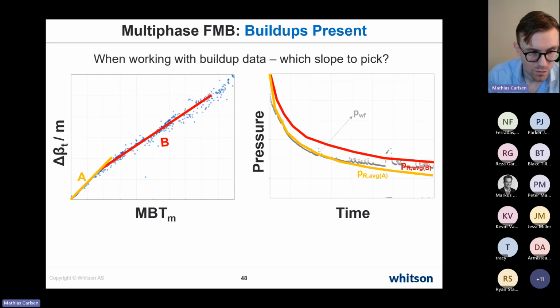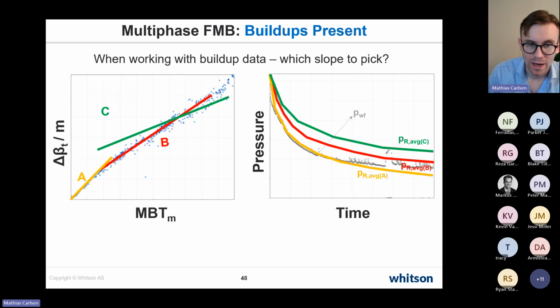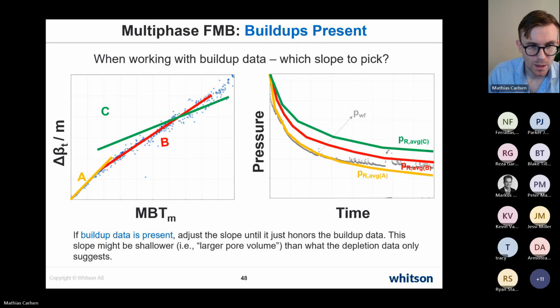That signal hasn't been transferred to the plot to the left yet, but when you have a buildup, you can use that information to ignore the data points in the plot, as long as you go for something steeper and estimate that the average pressure will be above the buildup, like you see to the right here. That will be the lower estimate for this particular well. Most likely this well is still infinite acting or transitional, and this is a way to at least come up with a smaller contacted pore volume.